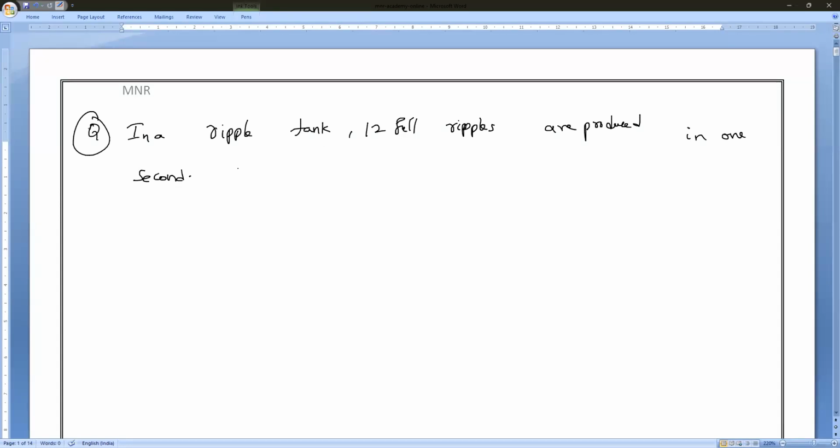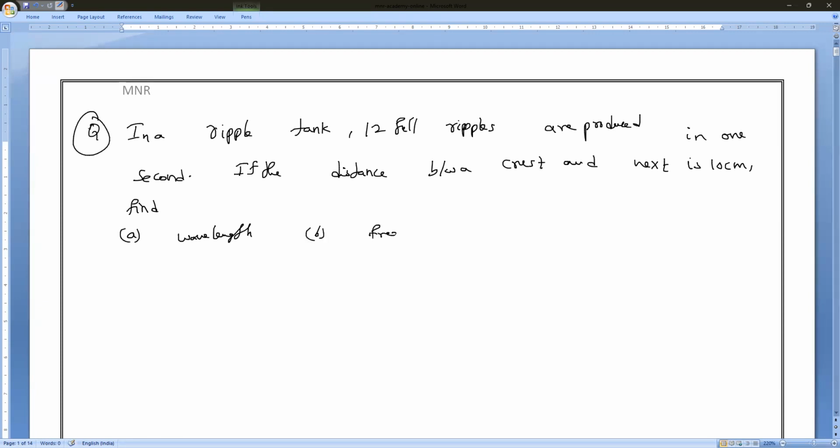If the distance between a crest and next trough is 10 centimeter, find A, wavelength, B, frequency, C, velocity of the wave. So these are the three things we have to calculate.